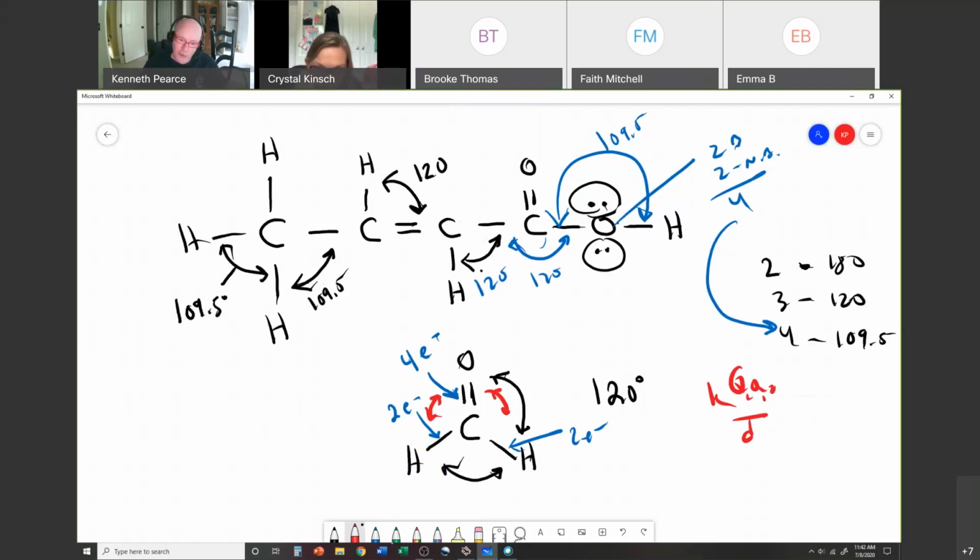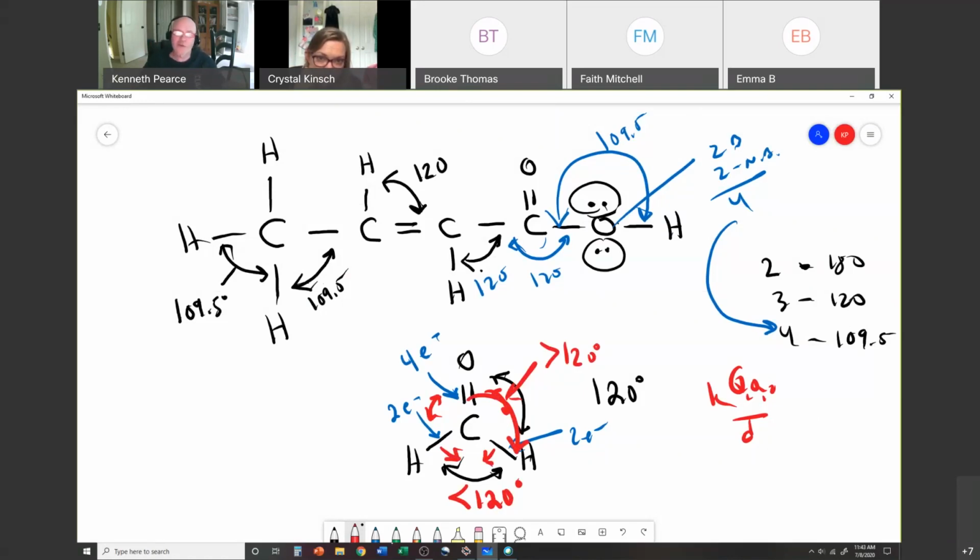So actually, the hydrogen angle right here will be a little less than 120, and this right here would be a little more than 120. Because if you got more repulsion, it's going to push these guys apart. If you have less repulsion, it's going to push these guys together. All right, everybody with me?